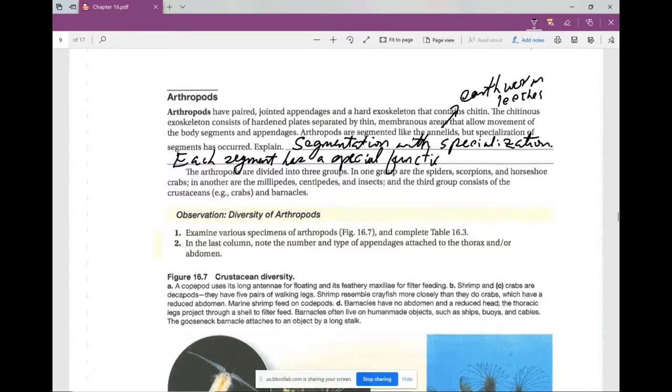The head segment of insects holds the sensory organs. The thorax holds the locomotive organs, like the legs or the feeding arms or whatever.